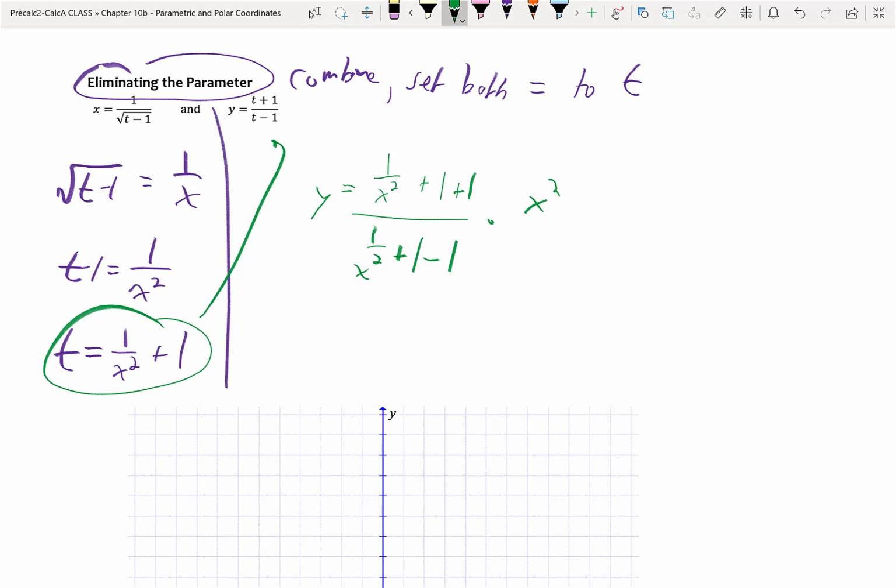Let's multiply both numerator and denominator by an x squared, so that I would get y, that'd be 2x squared plus 1 over 1, or 2x squared plus 1.